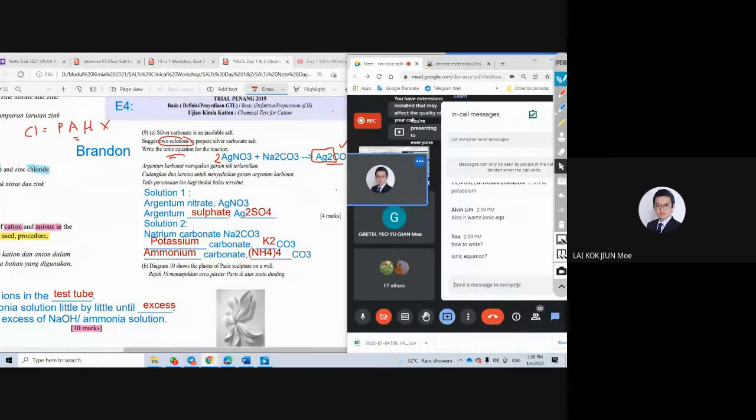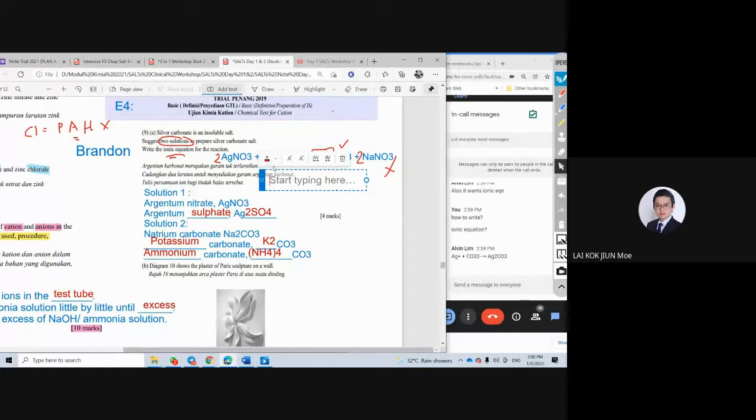Right. Okay, yes, very good, Alvin. So Alvin, you gave me your answer already. So we have to write the ionic equation.